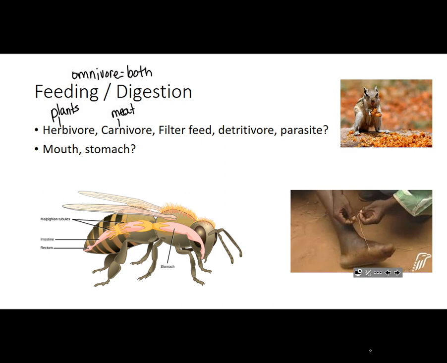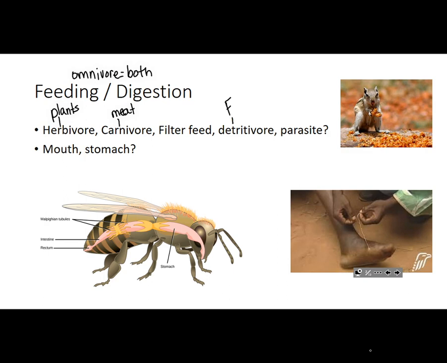Now filter feeder is just that. It is filtering food like a sponge. Like a sponge, water would come through, it filters out the food and gets what it needs and the water moves on. Detritivore though, make sure we know what that is.